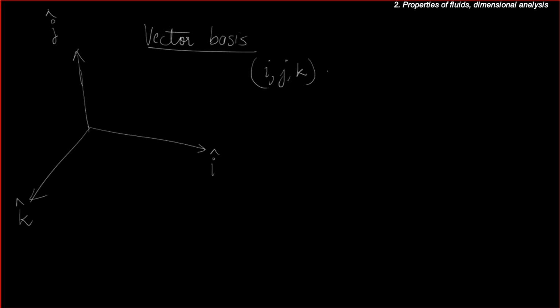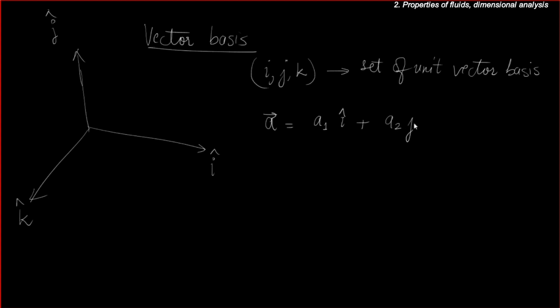They form a set of unit basis vectors. So any vector in a Cartesian coordinate system can be represented as a1 times i plus a2 times j plus a3 times k, where a1, a2, a3 are the components of the vector. The components of the vector are essentially the weights by which the unit vector has to be multiplied.